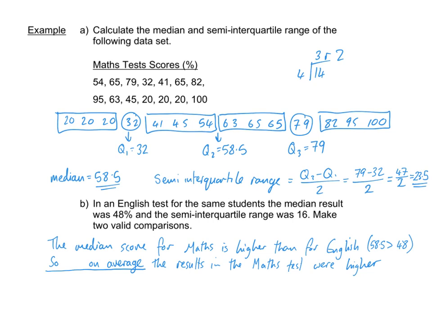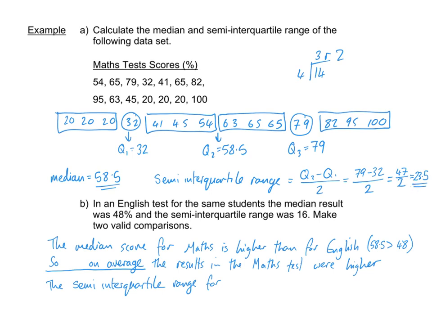So we're going to say the semi-interquartile range, let's see which one has the highest semi-interquartile range. So semi-interquartile range for maths was 23.5, and for English the semi-interquartile range was 16. So maths has a higher semi-interquartile range.